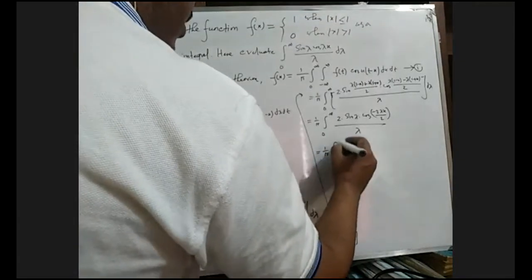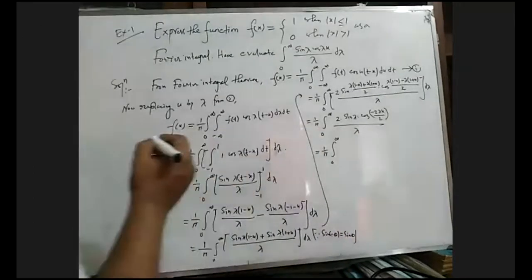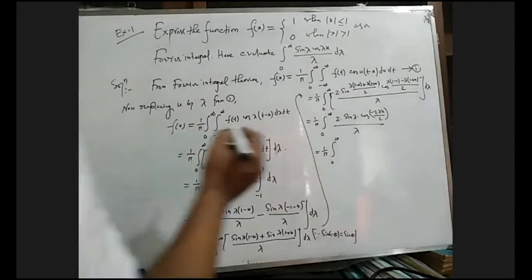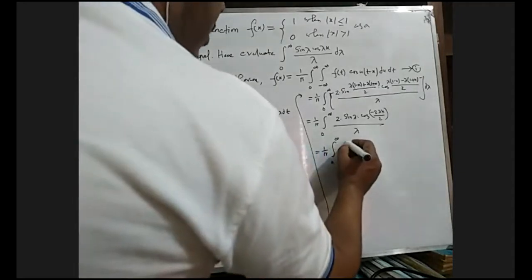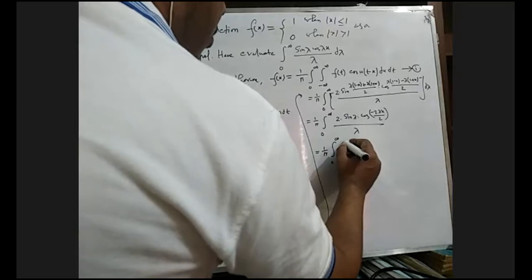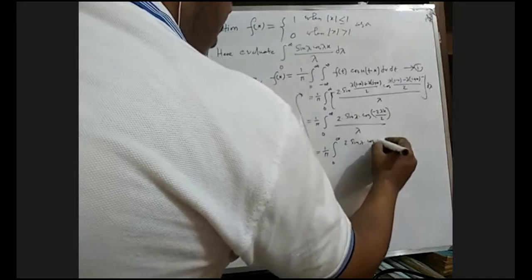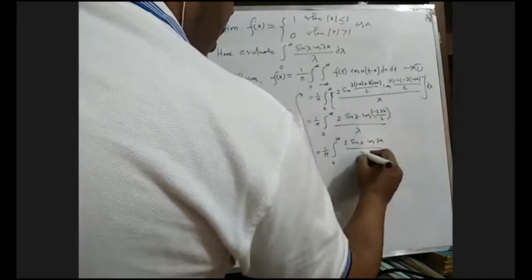This equals 1 by pi, 0 to infinity, 2 sine lambda cos of minus theta, which equals cos theta.